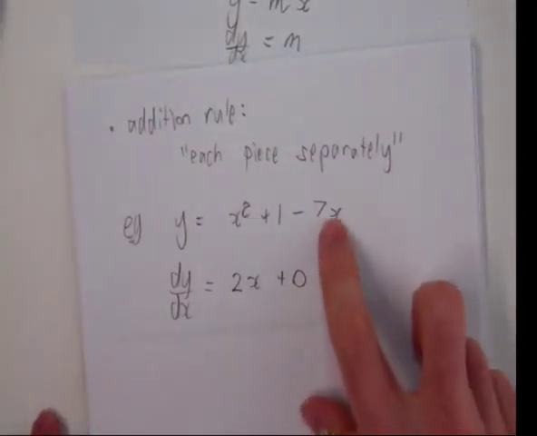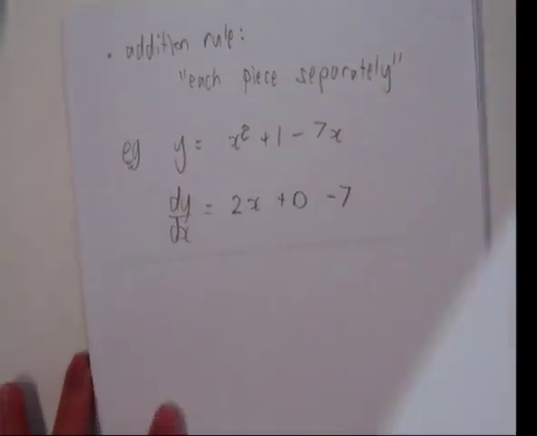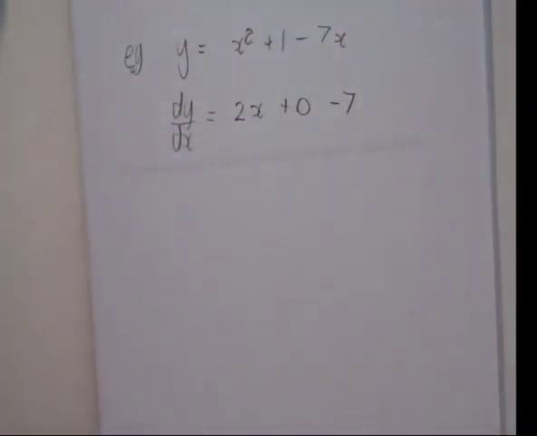So here I saw minus 7x, dy on dx is just minus 7. And they will take you a long way. So there are a couple more rules.